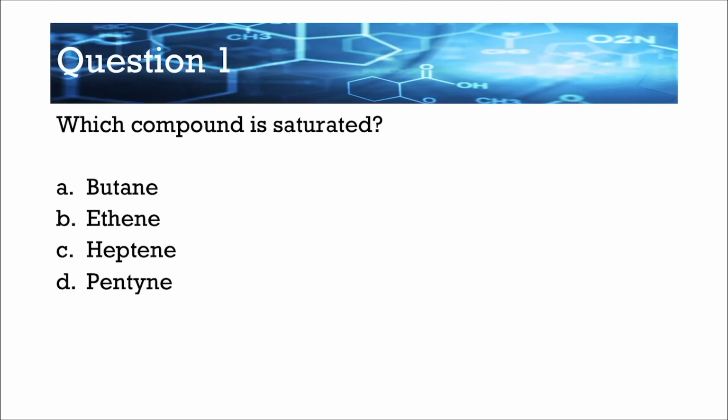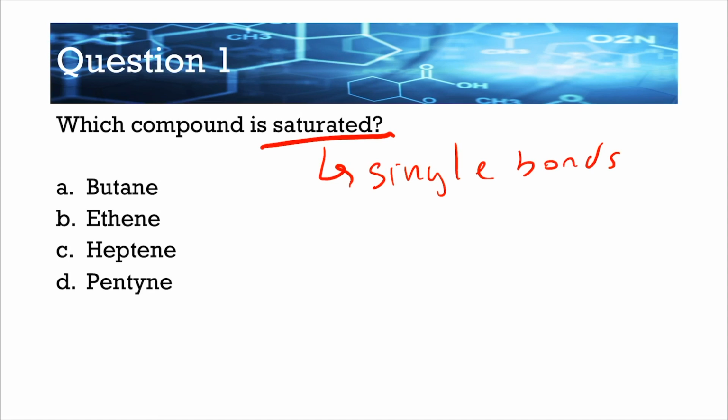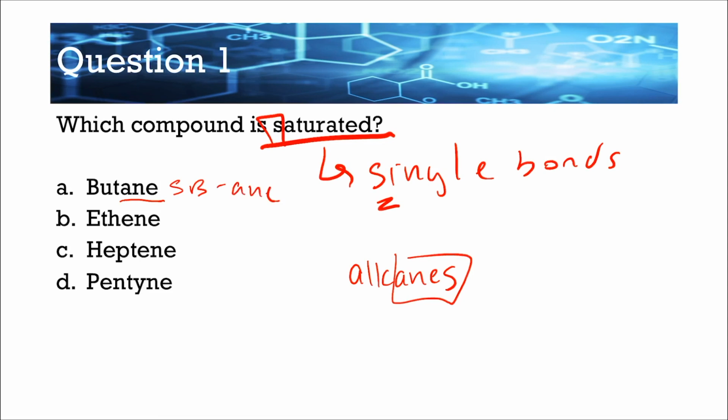Number 1 says which compound is saturated. So remember, saturated things have all single bonds. We talked about S for single, S for saturated, and anything with single bonds is considered an alkane. So anything that ends with the A-N-E ending is an alkane. So butane, this is a single bond, it's an alkane.